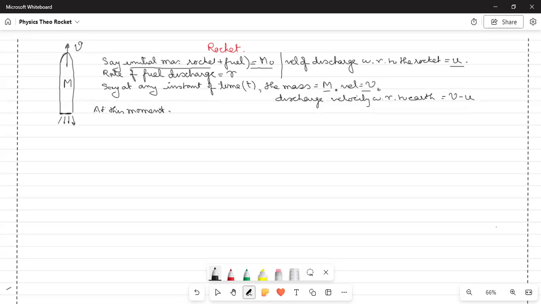The momentum of the rocket is equal to mv.